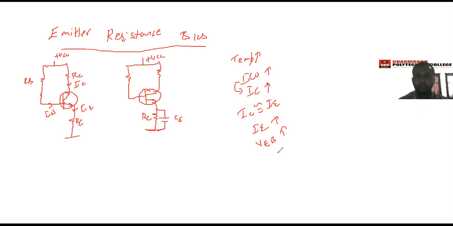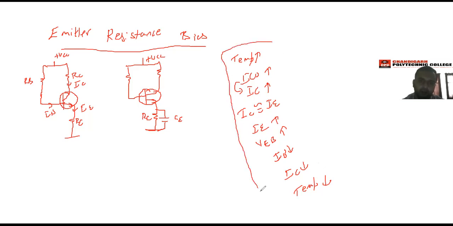Due to the VEB voltage increase, the voltage drop increases across emitter, and the IB current starts reducing because the emitter terminal is common between input and output. Due to reducing the IB current, your IC is also reducing, and when the IC current is reduced, your temperature is also reduced. Due to this method, the transistor does not reach the level of thermal runaway.